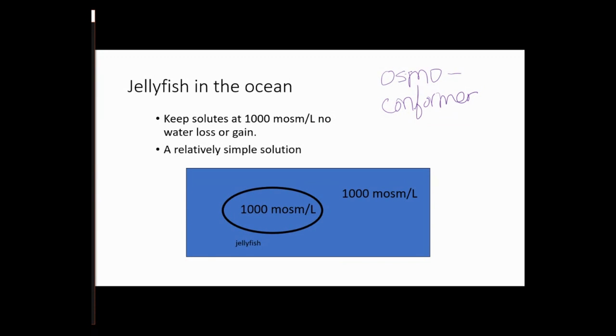So here we are in the ocean again. My ocean has that 1,000 salt units per liter. Very salty. And the jellyfish is just saying, you know what, this is fine. I'm also going to let myself be. I'm basically going to be a floating, leaky Ziploc bag. And that works out fine for the jellyfish.